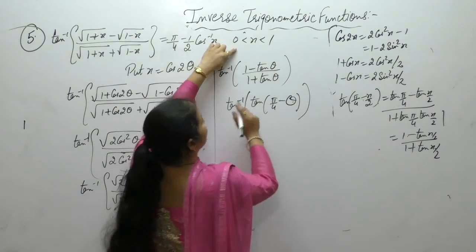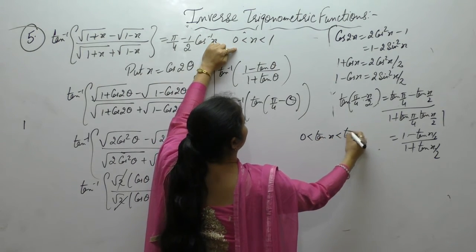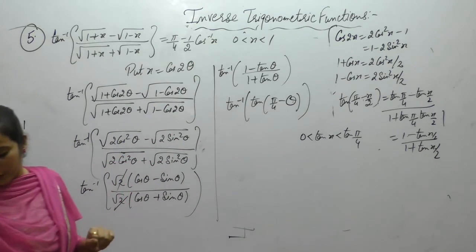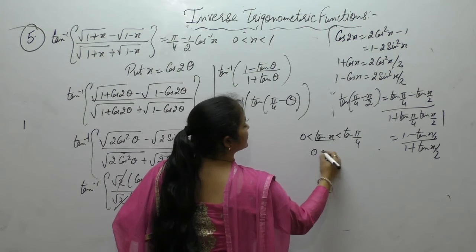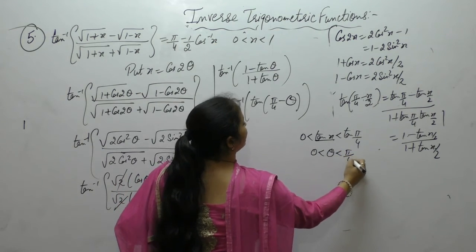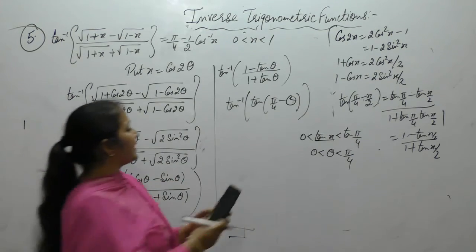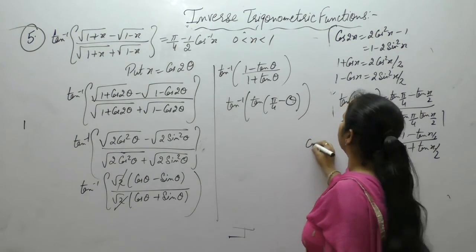So if we take tan here, 1 is the value of tan pi by 4. So let it be theta. So 0 is less than theta, less than pi by 4. Or what we can say, the value of x is cos 2 theta.